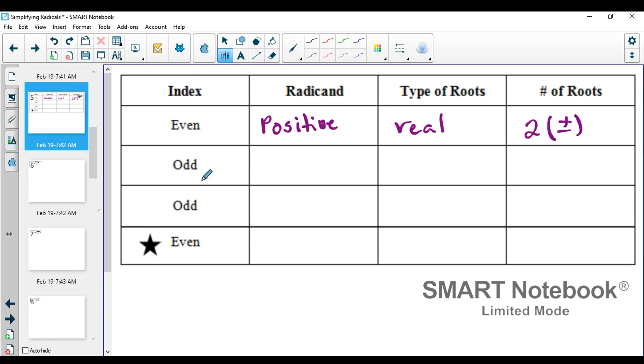Now, if our index is odd and the radicand is positive, then it will have real roots, so we won't have an i involved.